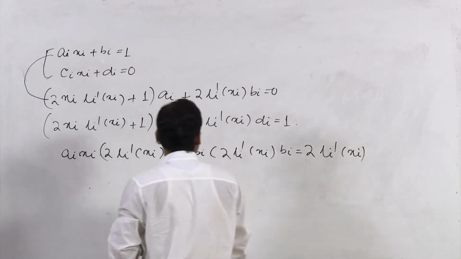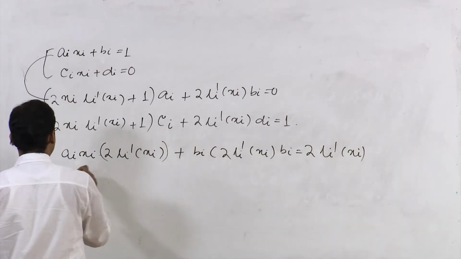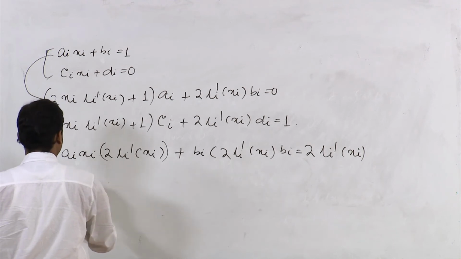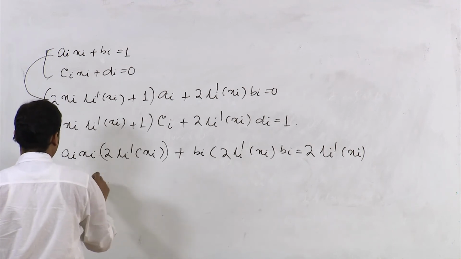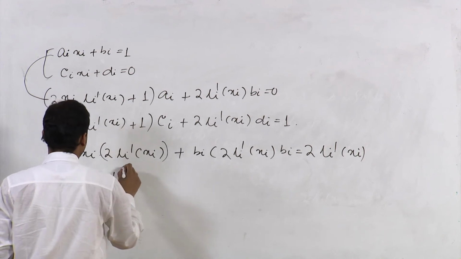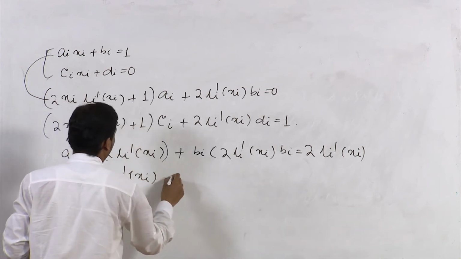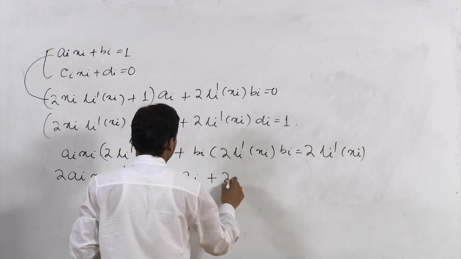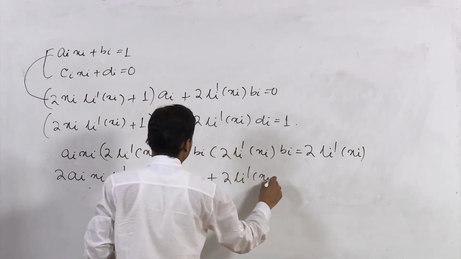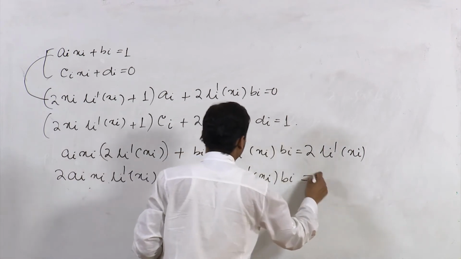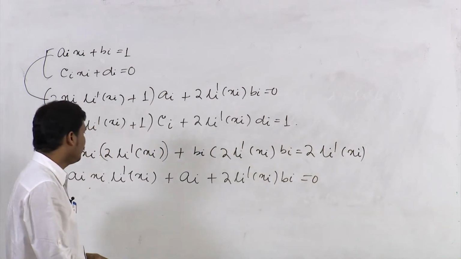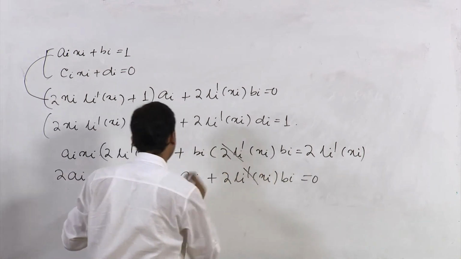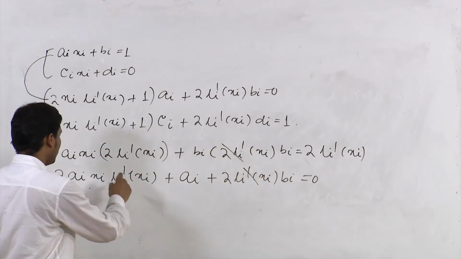And the other equation can be written as ai xi li dash of xi plus ai plus 2 li dash of xi bi, this equals 0. If we subtract, this term cancels out, and this term also cancels out.